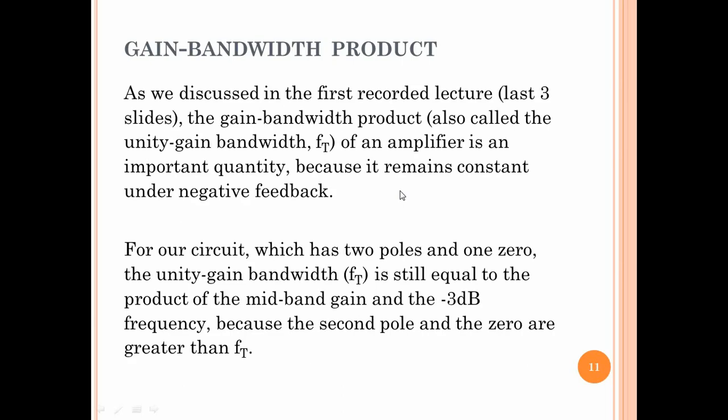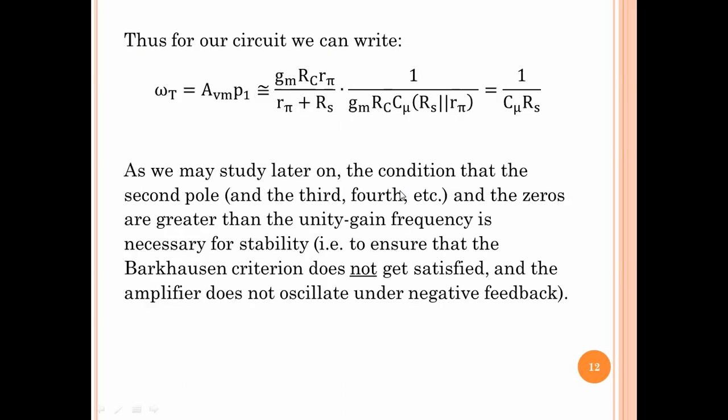And so the gain bandwidth product of our circuit is simply AVM times P1, the first pole. We substitute for P1 and find that it turns out to be 1 by C mu RS.